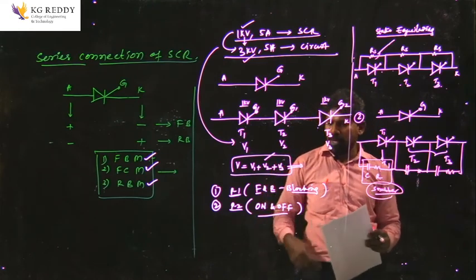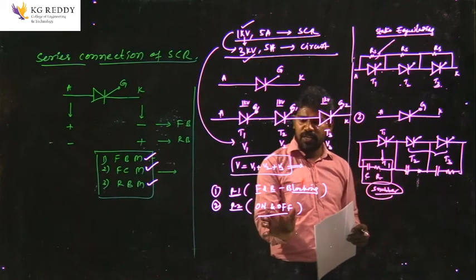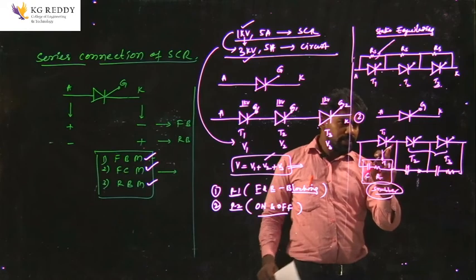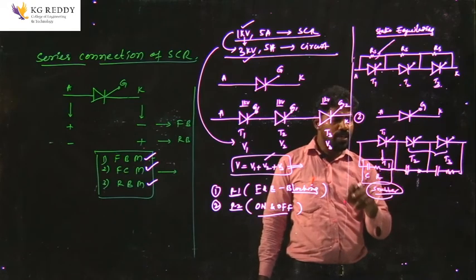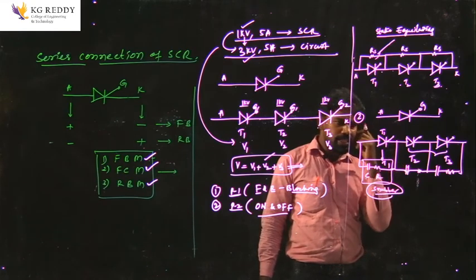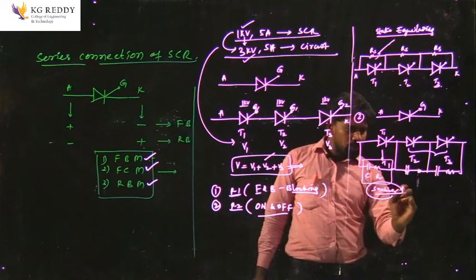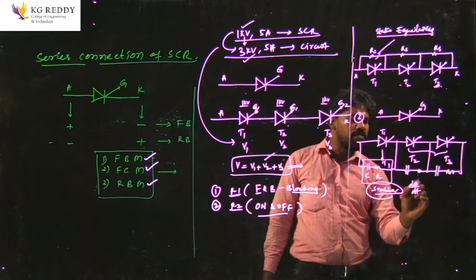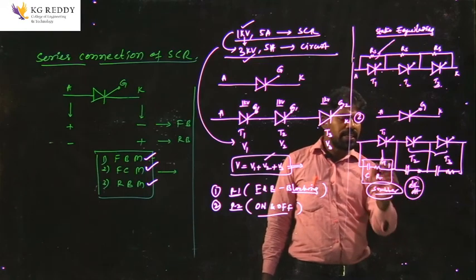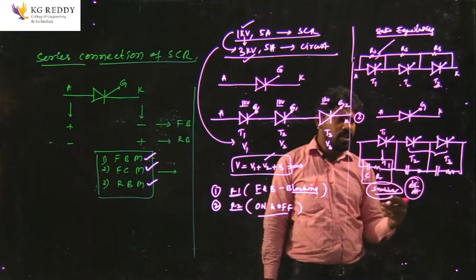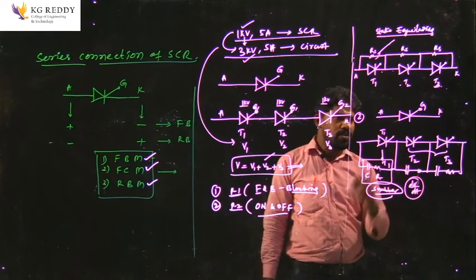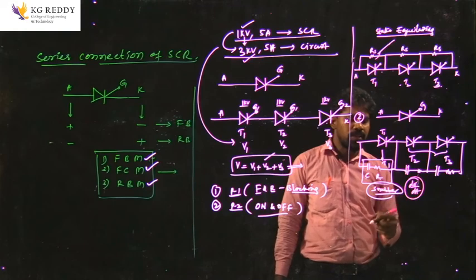What is the importance of this series combination of C and R across the SCR? In the turn on and turn off problems, the SCR may be damaged due to overloading when the first thyristor starts conducting, and dV by dt problems cause sudden false triggering of SCR1, SCR2 or SCR3.